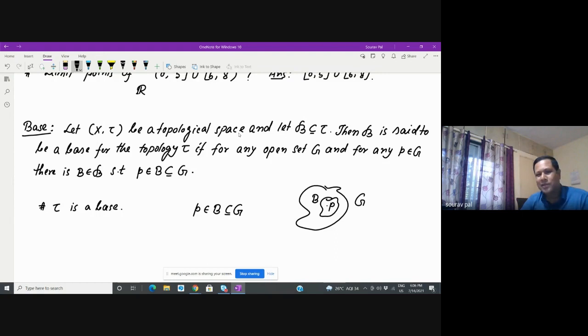Now suppose the topology is not given. Say you have a set X and this script B is given. Script B is a collection of subsets of X. So B is a subset of the power set of X, and it is declared that this is a base for some topology.